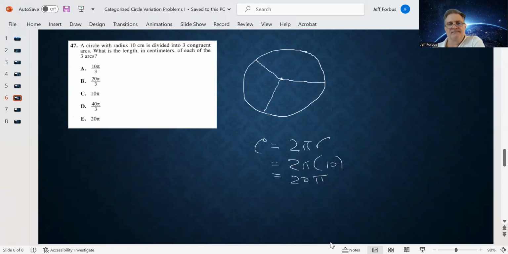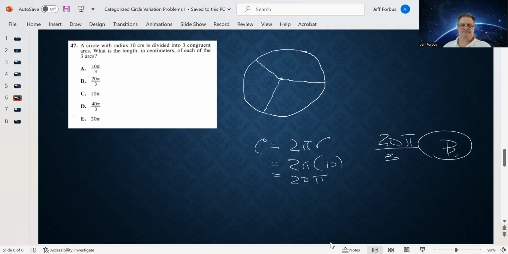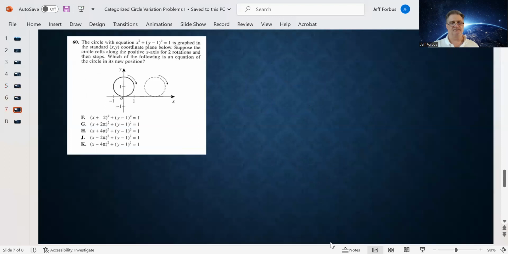So the arcs are part of the circumference. So if we take the 20 pi and we divide it by 3, then we have the length of each of the arcs, 20/3 pi for each one of them. And that would be answer choice B as in boy. All right.